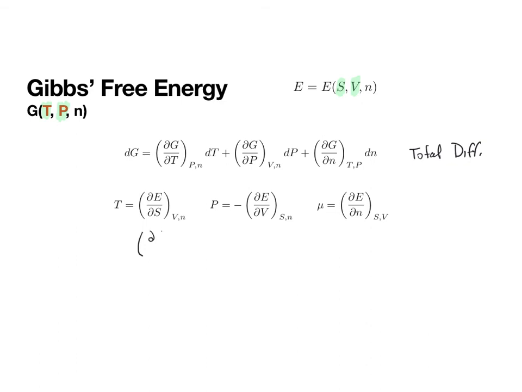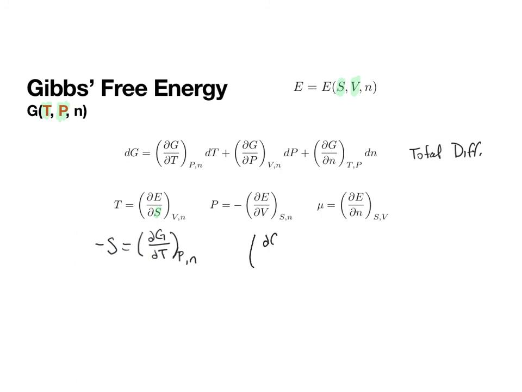The partial of G with respect to T at constant pressure and number of moles means that we are changing the inside, and so the outside is the opposite conjugate. And this should be pressure. I think I made that mistake a few times. Sorry, guys.